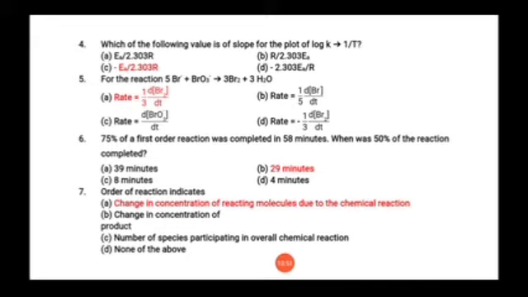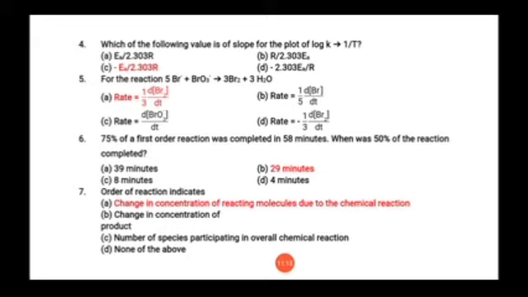Next, that is question number 7. Order of reaction indicates, option A, change in concentration of reactant molecules due to the chemical reaction. B, change in concentration of product. C, number of species participating in the overall chemical reaction. And D, none of the above.